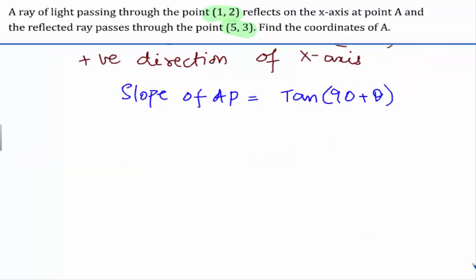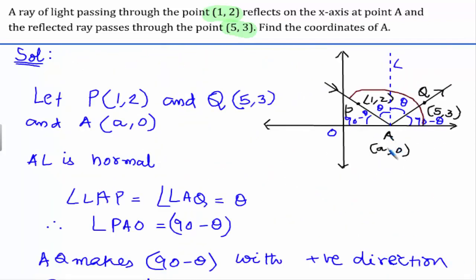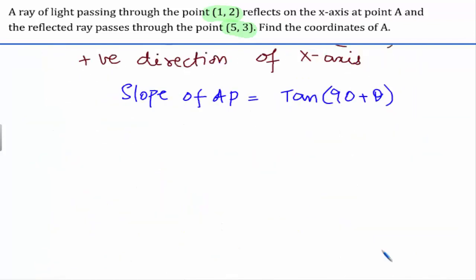So slope of AP, here A is (a, 0) and P is (1, 2). So using that we can write the slope of AP as (0 minus 2) by (a minus 1), which is equal to minus cot theta, because you know that tan(90 plus theta) is minus cot theta.